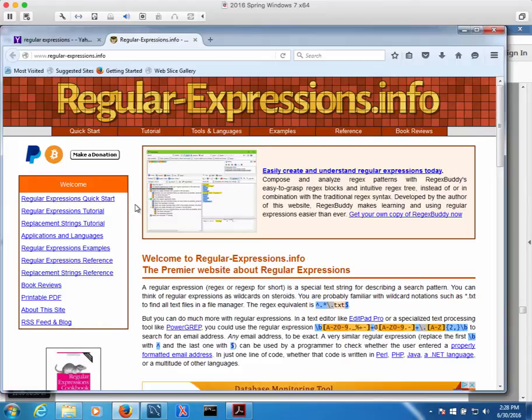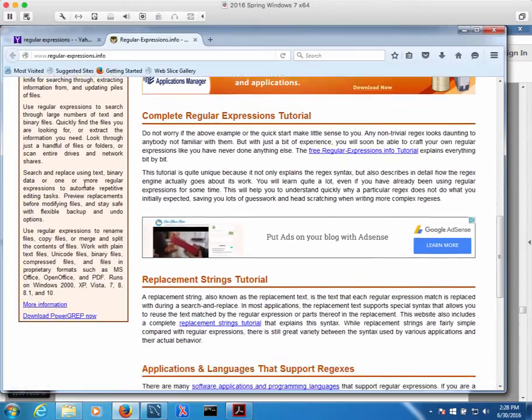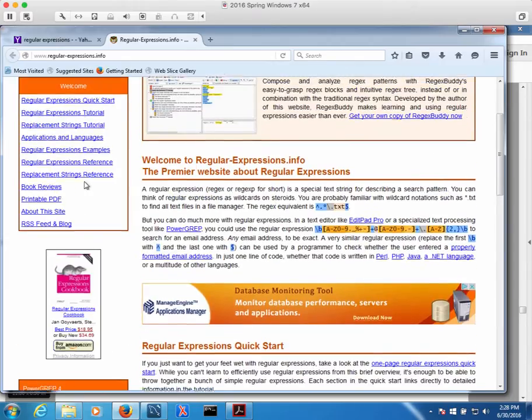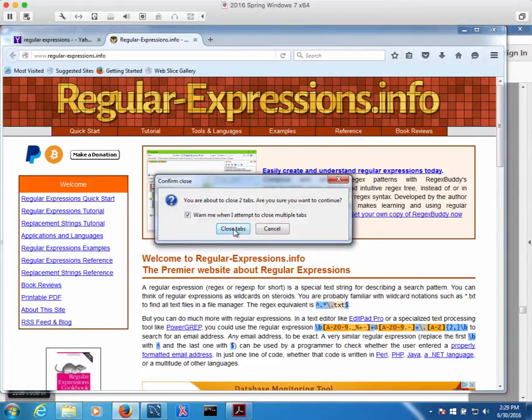So it's definitely something, if this is the first time you're seeing it, that you're going to want to put a little bit of time into. And again, this is one of the 3 O'Reilly books on this. There are 3, I guess. So there's the pocket guide, there's the cookbook, and then there's the one that has all the details. They're all 3 good books. But this is free. A lot to be said for free. Would you agree? Okay, let's close our way out of that.